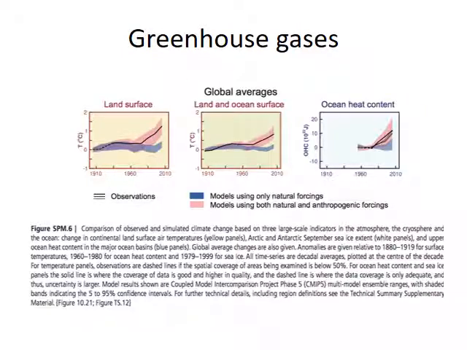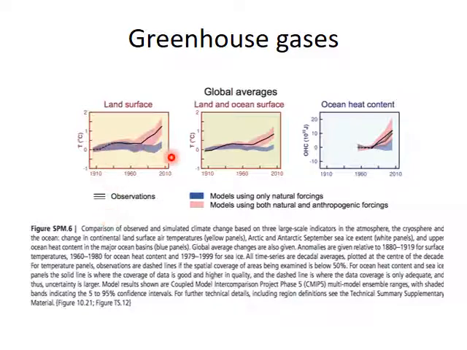These are much simplified versions of more or less the same thing. Here we only show decadal averages, so not year-to-year numbers, of land surface temperatures, and land and ocean surface temperatures. In black in each of those panels, you see the observed changes.